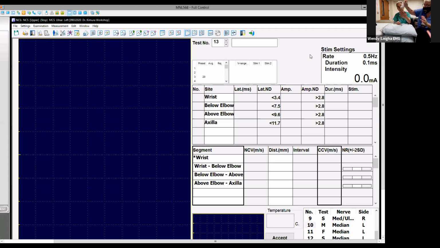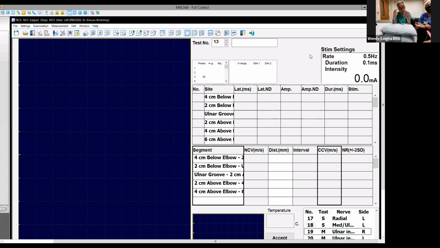Okay, now for all focal mononeuropathy, my main concern is the inching technique. I don't even have to do regular studies at all if we know where the problem is. I think inching is much better. If we were to invent nerve conduction studies, I don't think we'd do a regular study at all.